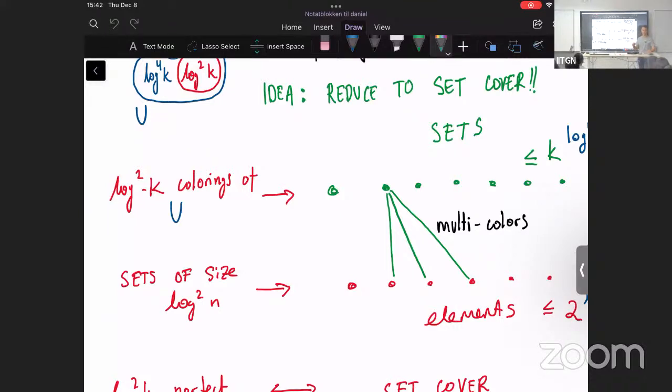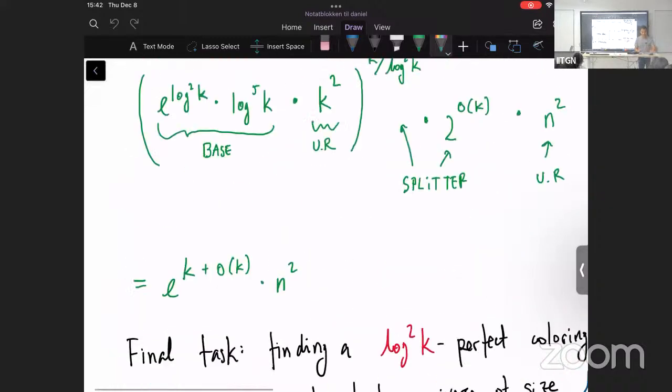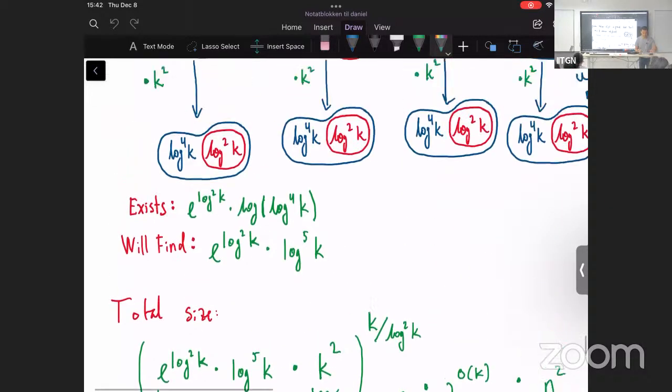This is what I'm now describing: how to find a perfect log square k coloring family for a universe of size log 4th k in reasonable time.